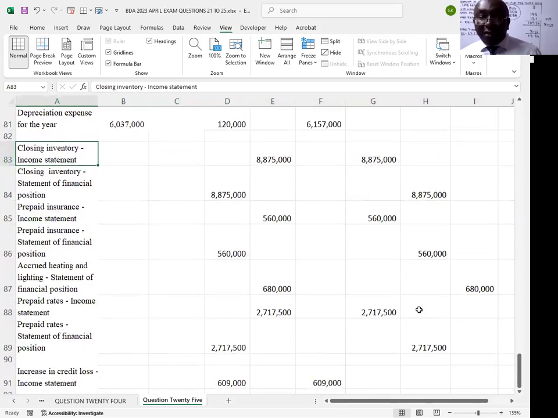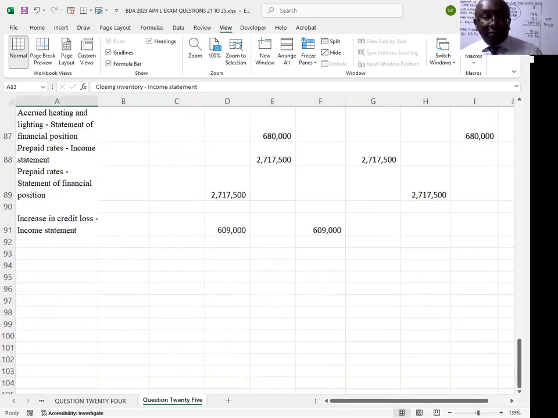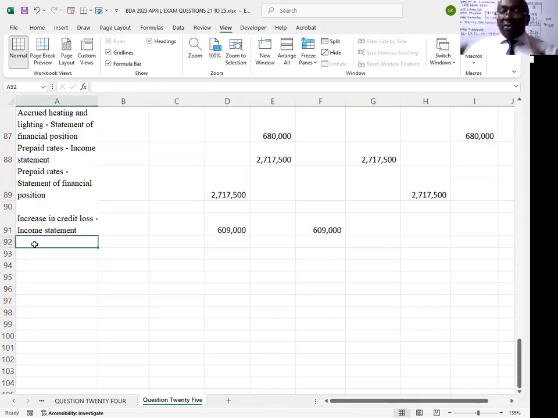So what you do at that point, after you have filled the additional information, then you have treated each item appropriately. You have posted each item appropriately. You now come to close your books, and this is done by now looking for profit for the year.